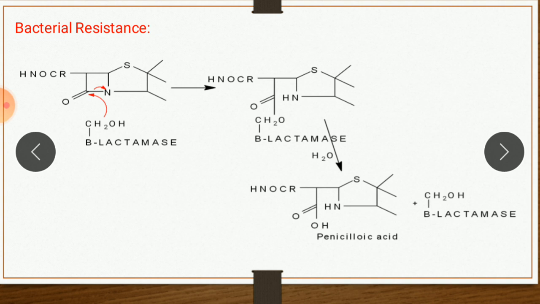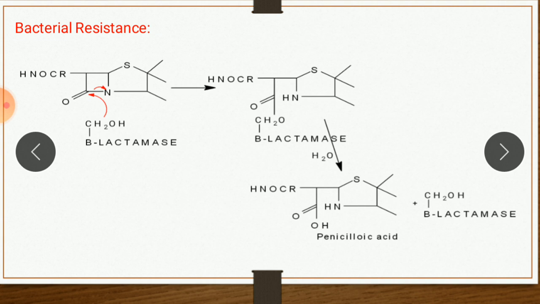A small hydrophilic molecule, however, can cross the outer membrane through pores formed by proteins called porins. Alteration of the number or nature of porins in the cell envelope could also be an important mechanism of antibiotic resistance.